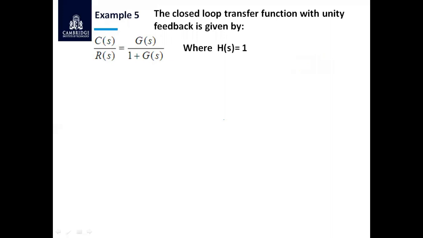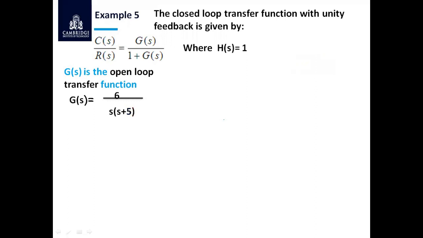So H of s will be equal to 1, and G of s is the open loop transfer function given by 6 divided by s into s plus 5. Now let us substitute for G of s in the transfer function formula. We get 6 divided by s into s plus 5, the whole divided by 1 plus 6 by s into s plus 5.